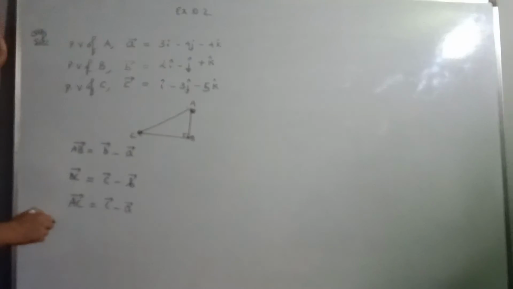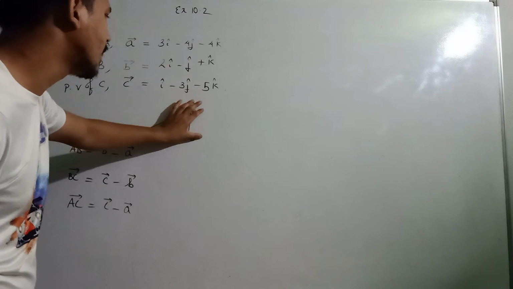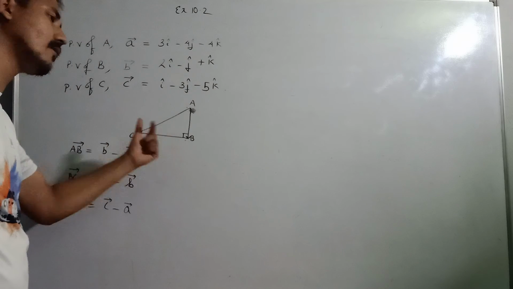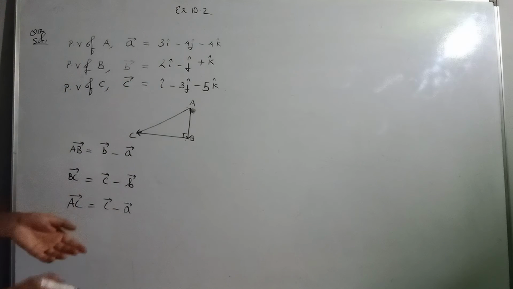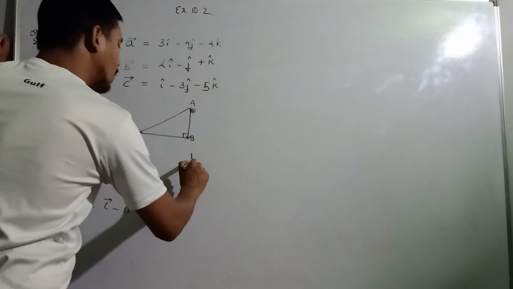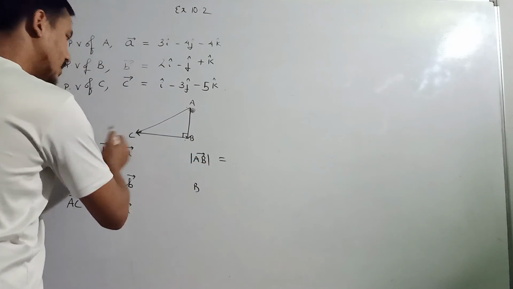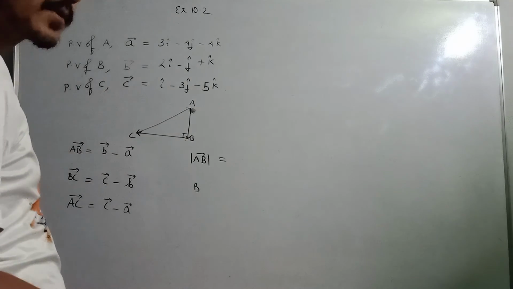And then you find out their magnitudes. The magnitude of vector AB will give you the length of the side AB. Magnitude of vector BC gives you the length of this. Magnitude of AC gives you the length of this. You know vector AB, so you can find its magnitude, square root of x squared plus y squared plus z squared, right?